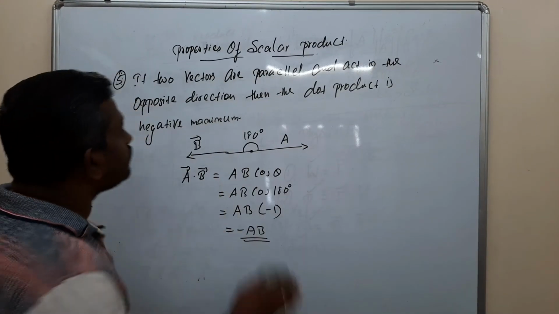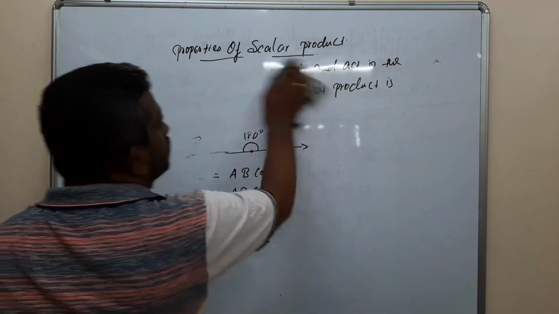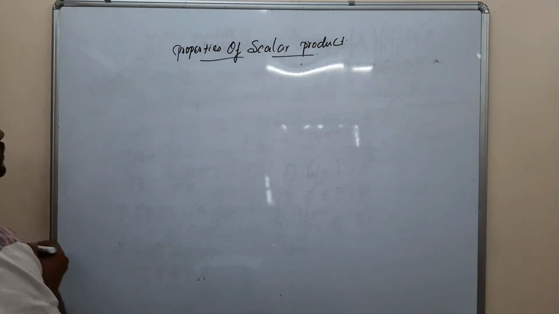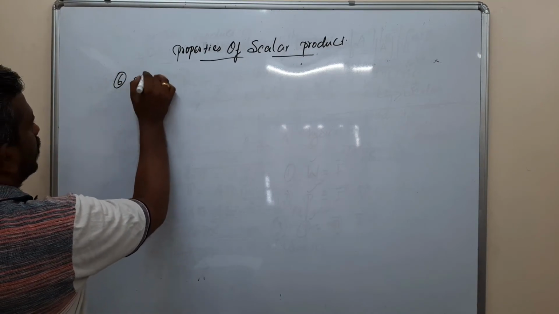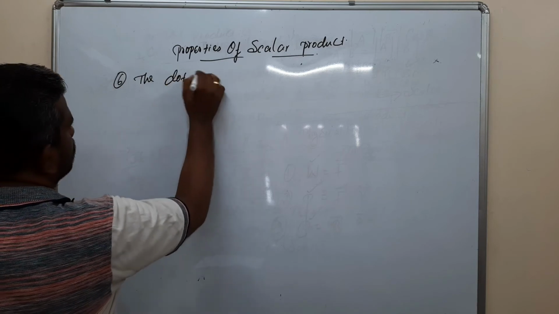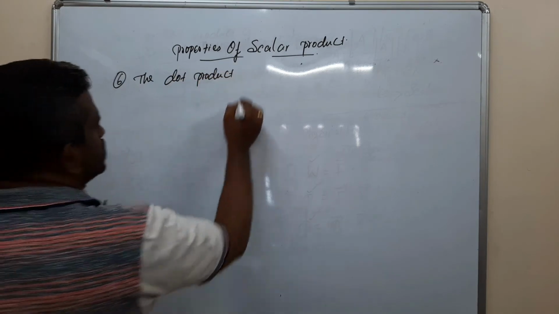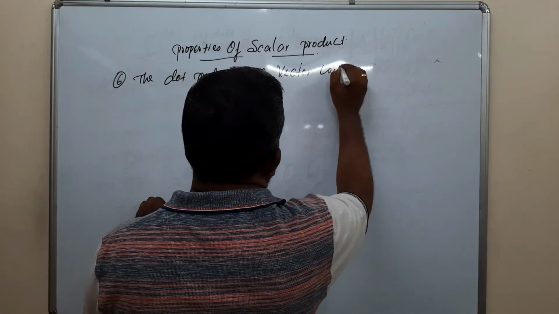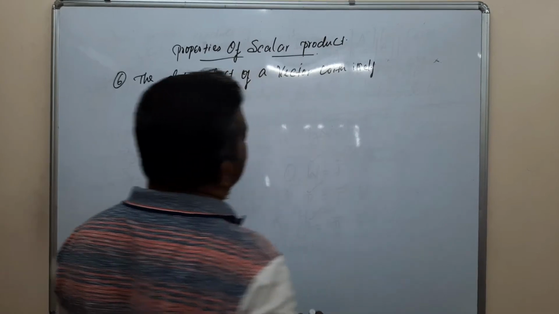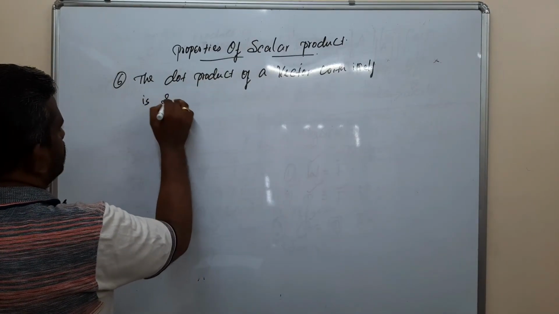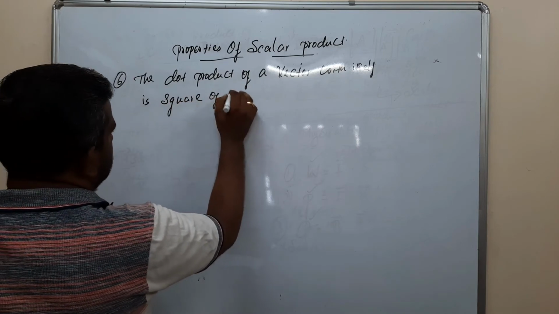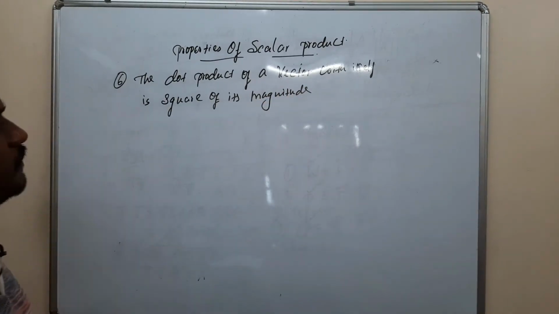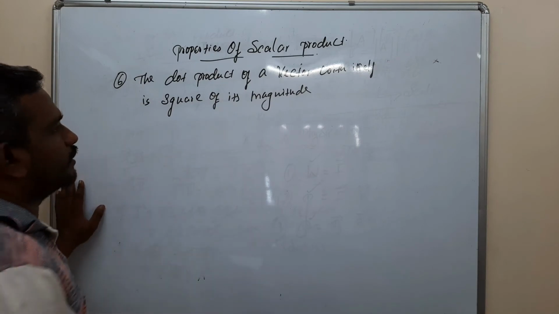Sixth point. The dot product of a vector with itself is the square of its magnitude.